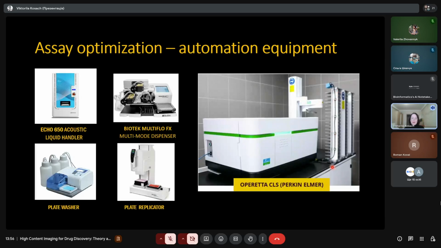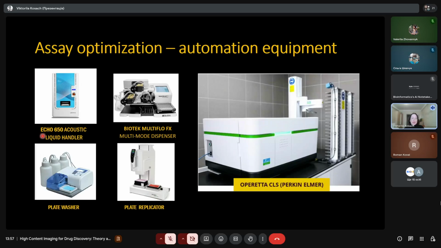So if your assay is fixed with formalin, not live, so the cells do not need CO2, you just put your plates with cells to this stack, and a robotic arm could automatically transfer it to the microscope. In such a way, we were able to do imaging almost 24 hours each day.